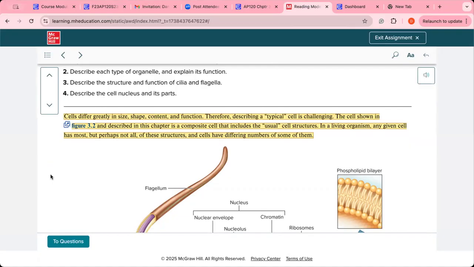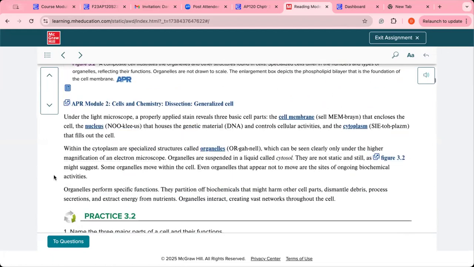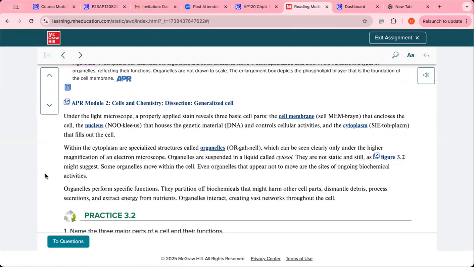In a living organism, any given cell has most, but perhaps not all of these structures, and cells have differing numbers of some of them. Okay, but that's not the answer to the question yet. Keep going. Under the cell membrane, that includes the nucleus, cytoplasm, organelles, which are seen. Okay, keep going.